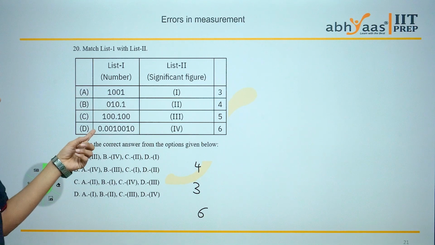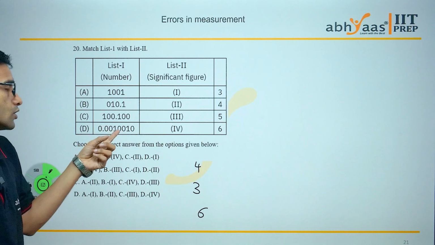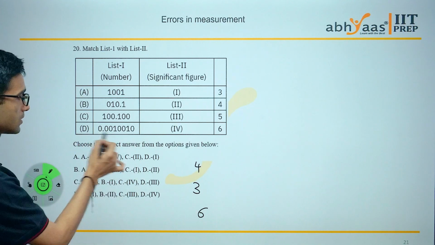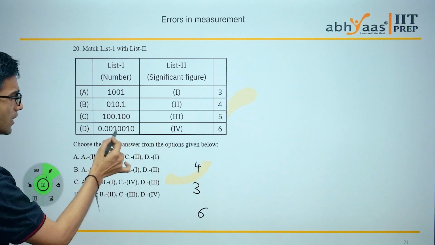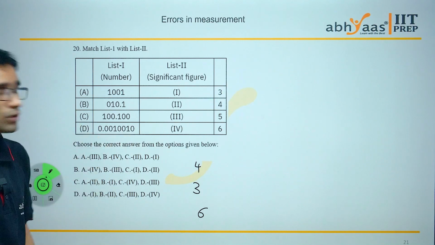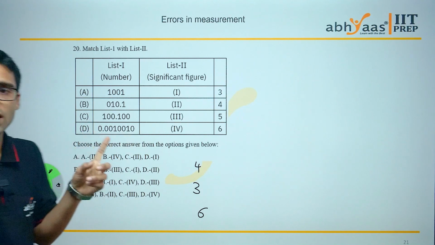Here, if you observe 0.00100100, how many numbers are there after the decimal? 7 values are there. But leading zeros are never significant.